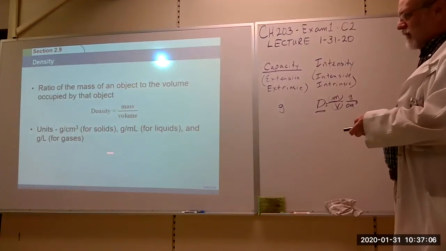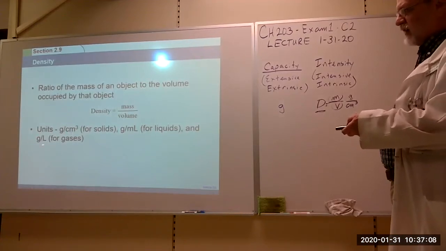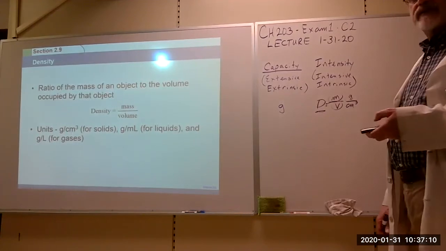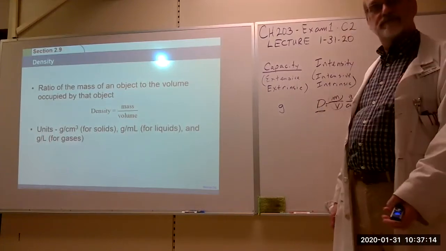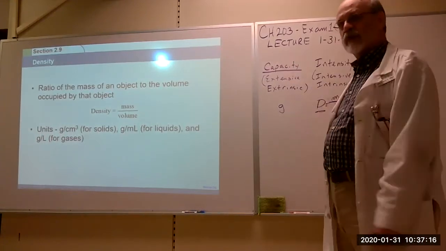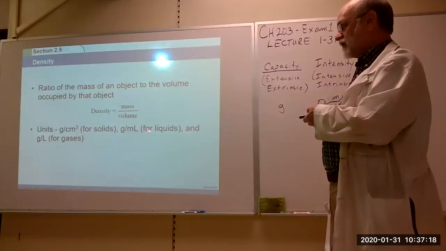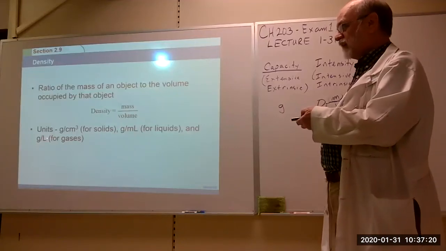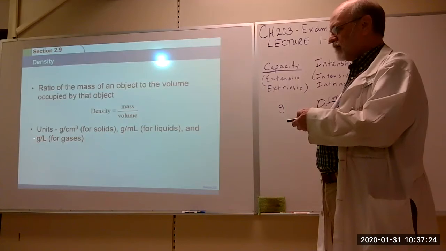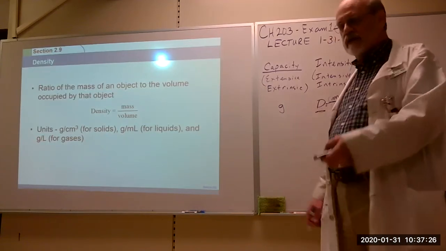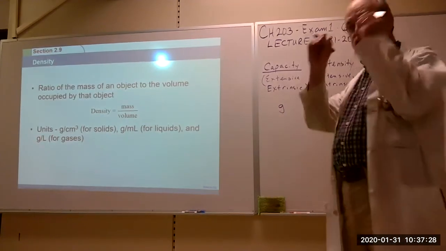Gases, of course, are usually grams per liter because gases are less dense. They're lighter in common terminology than solids and liquids, so we need more of them. We need liters rather than milliliters to get a nice, large enough number to measure.